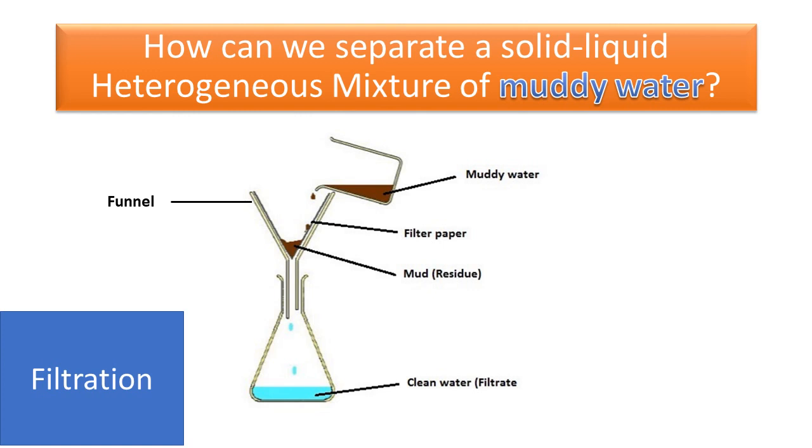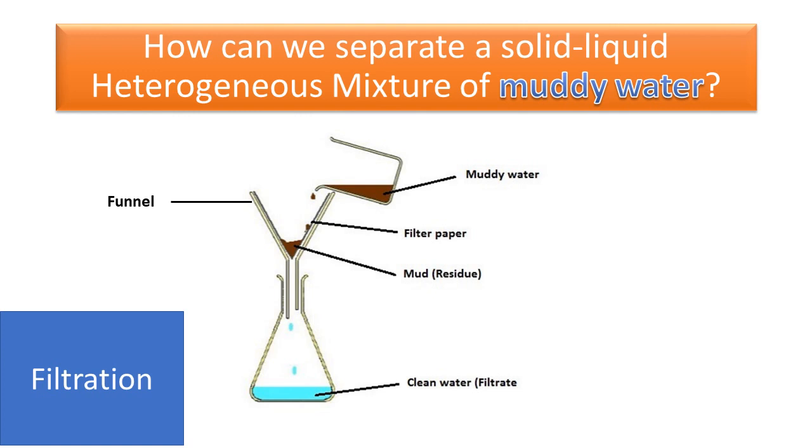The filter paper usually has a circular shape, it's like a circle, and we fold it into half, and then we fold it into another half, and we open it from the center to have the shape of a cone, and we place it inside the funnel. And then we pour the muddy water inside it.